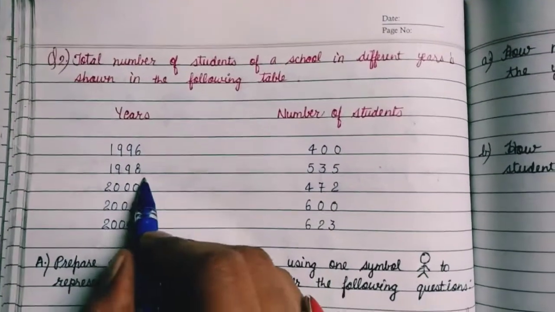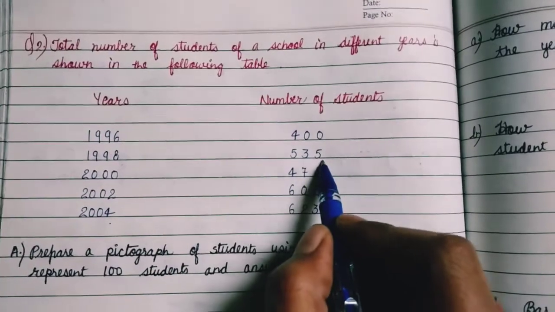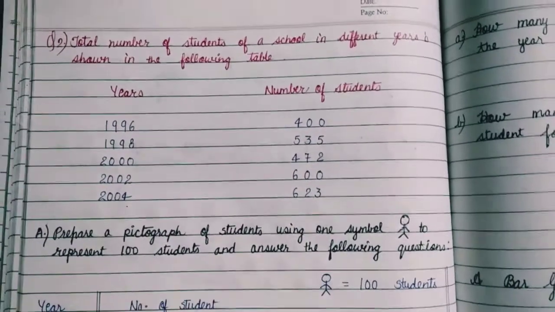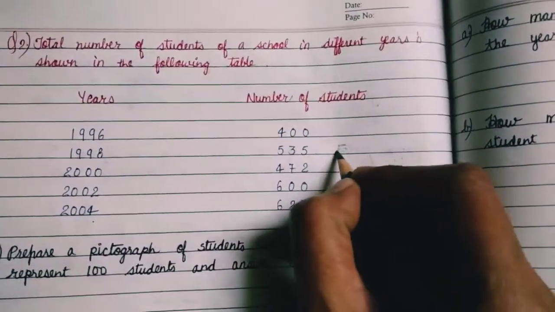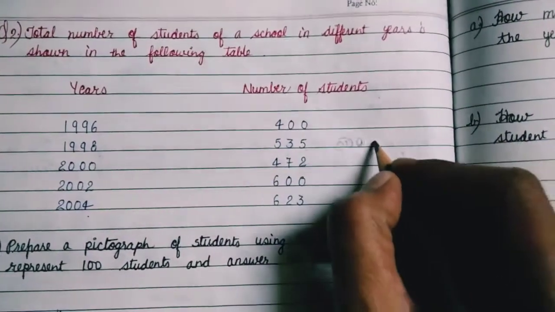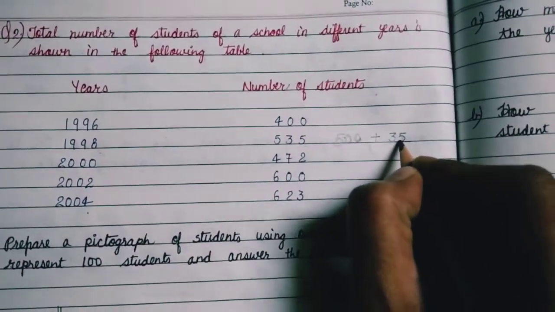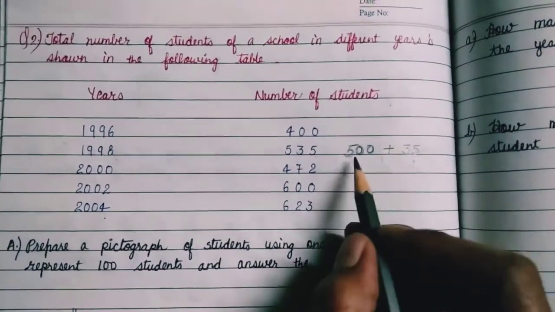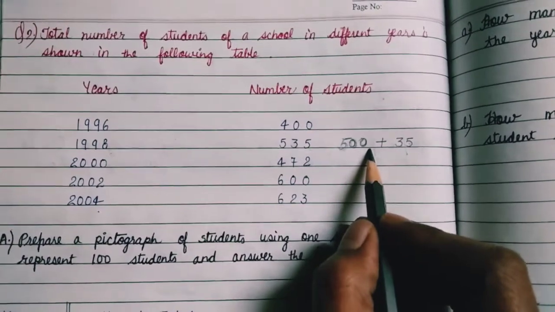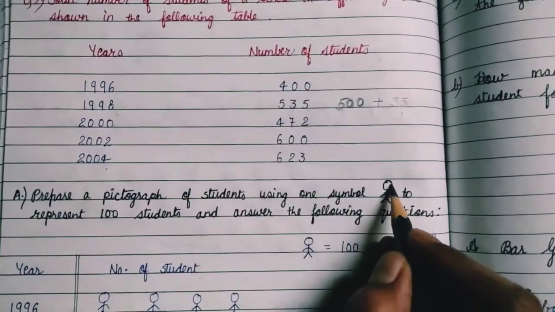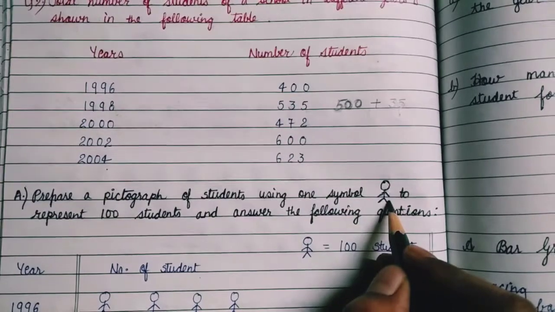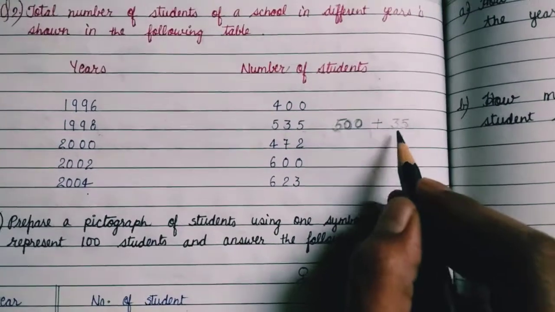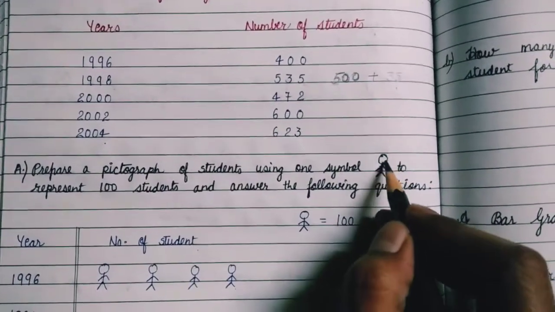In 1998, we have 535 students. You can simply see 500 is made up by 5 of this kind of symbol, and for representing this 35 we will draw this kind of figure incomplete.